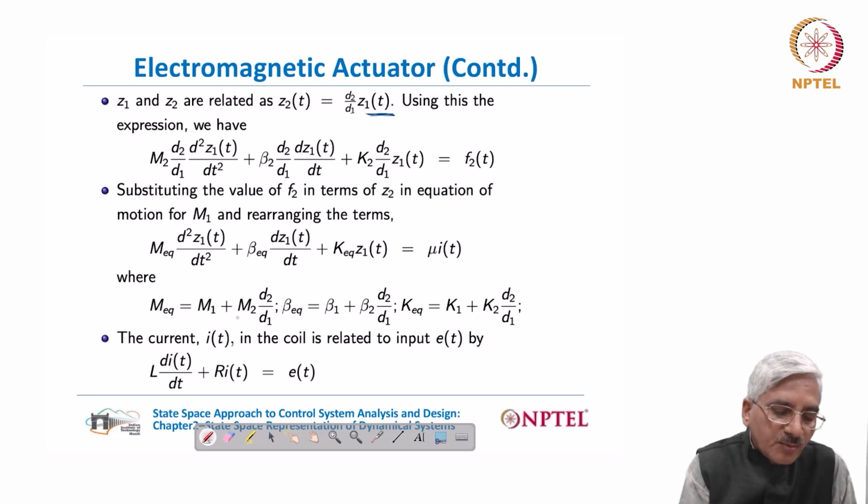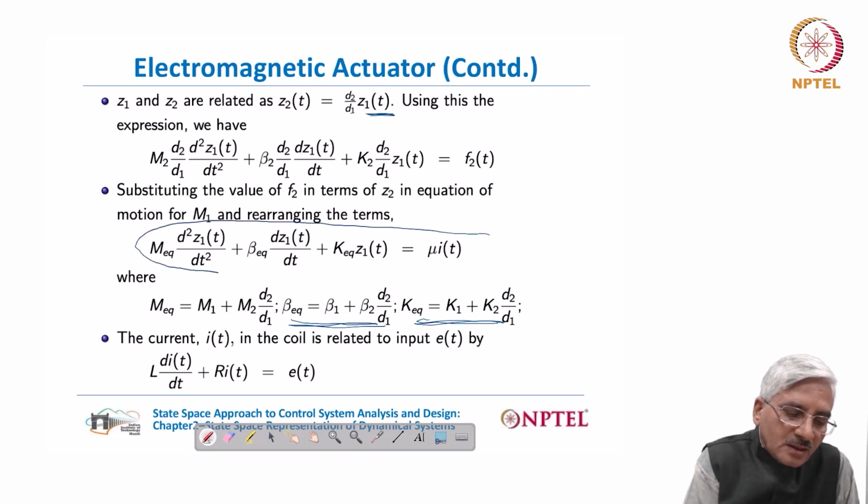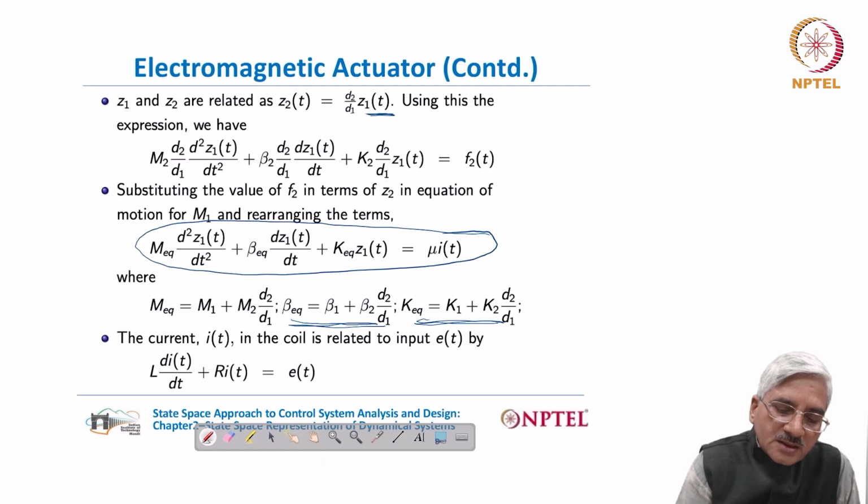And this M equivalent is combination of M1 and M2 like this. M equivalent is M1 plus M2 d2 by d1. Beta equivalent is beta 1 plus beta 2 d2 by d1. And K equivalent is K1 plus K2 d2 by d1. So we obtain one equation consisting of that system of masses M1 and M2 like this.